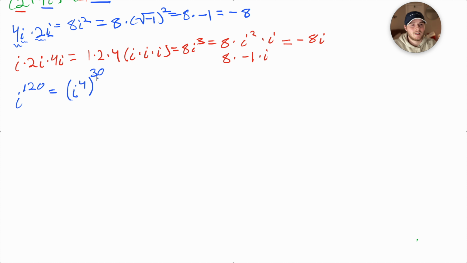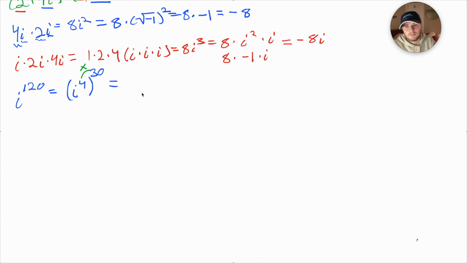That's because every time you multiply that, you're going to have the 4 just adding on itself. So we can write that in this different form of i to the 4th to the 30th power, because when you have this form of exponents, these two values are just multiplying each other. So i to the 120th power is the same thing as saying i to the 4th to the 30th power.